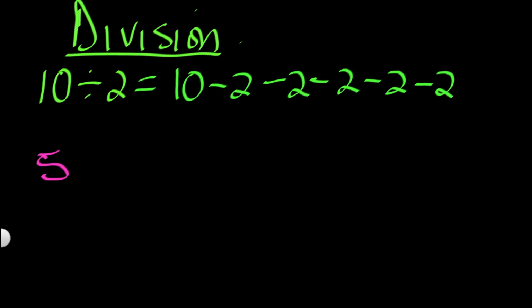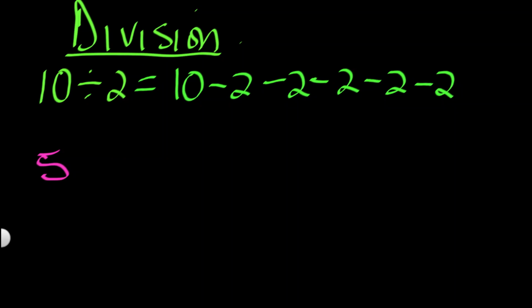So 10 divided by 2 is actually 5, because we are going to subtract 2 from 10 five times. In other words, we are asking, how many times do we need to subtract 2 from 10 so that we end up with nothing?